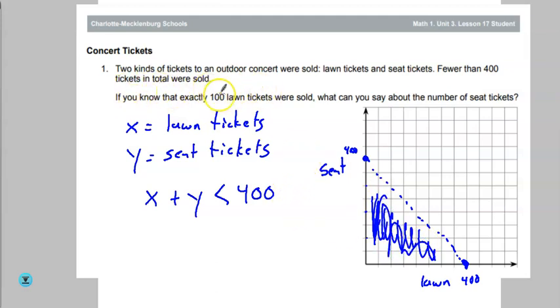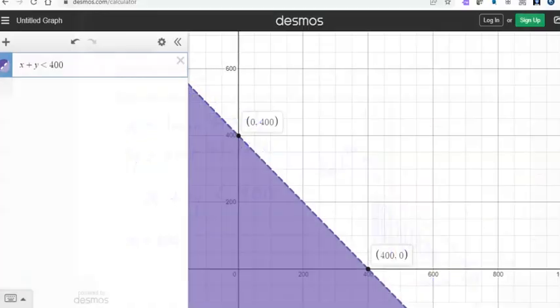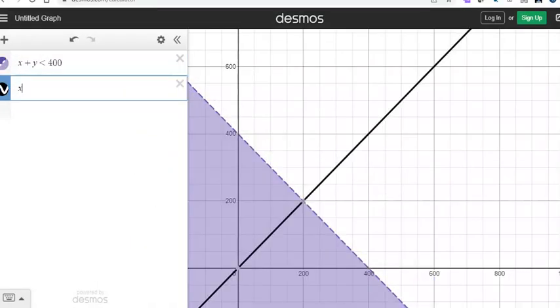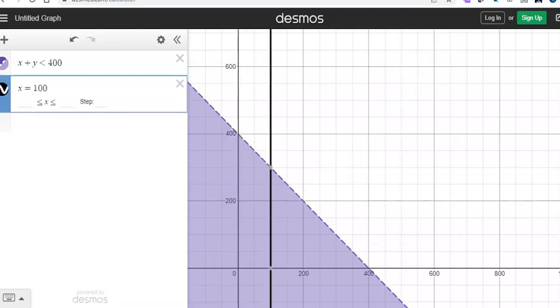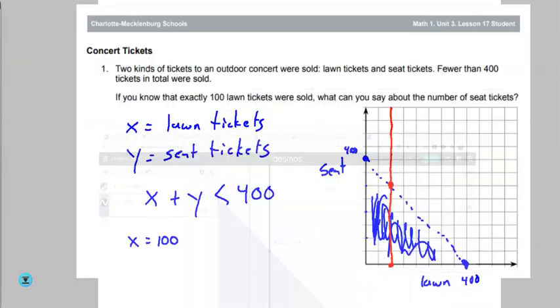If you know exactly 100 lawn tickets were sold, so that's saying if X equals 100, we know lawn tickets is 100 right here, and all of this vertical line. Right? So if we know that's the exact amount, then that intersection, and we can see it on Desmos, it can't be 300 because it's on that dotted line.